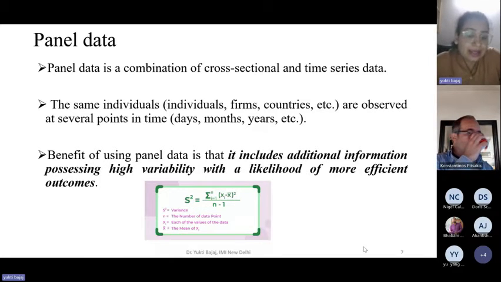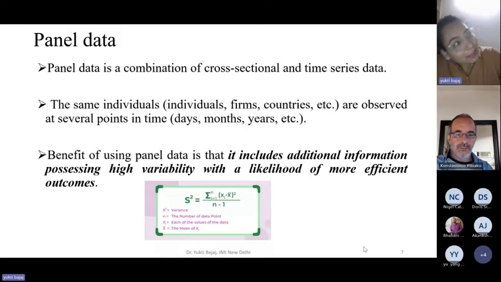First and foremost, as you all know, for researchers, data is of very high value when it comes to research. There's a saying I must highlight here by William Edwards Deming, who says, in God we trust, others bring data. So the more the data, the better it is for inferences, for interpretations.